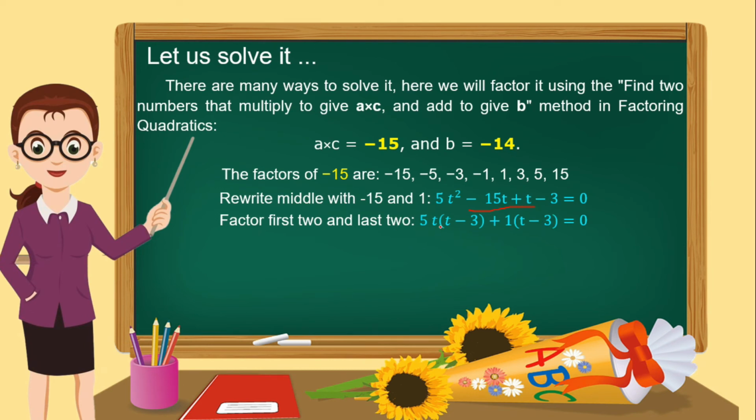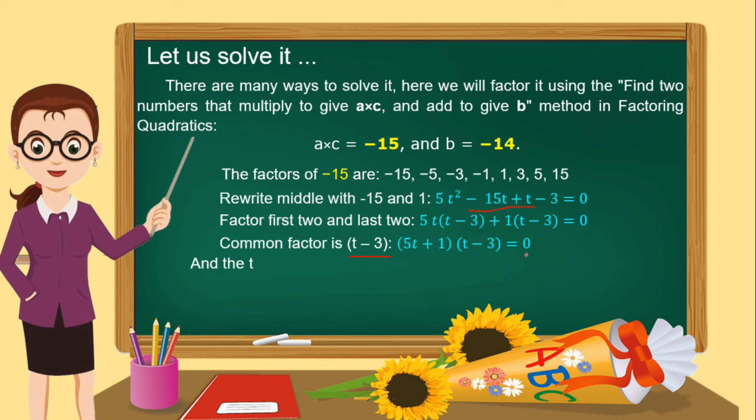So we have 5t times the quantity t minus 3 plus 1 times the quantity t minus 3 equals 0. Their common factor is t minus 3. So we have 5t plus 1 times the quantity t minus 3 equals 0.